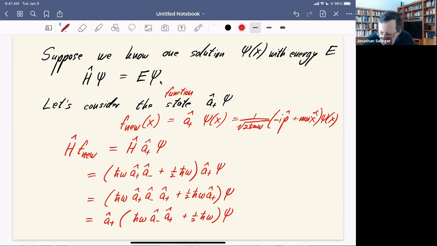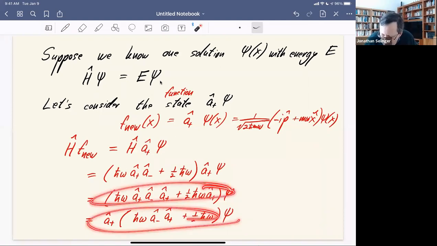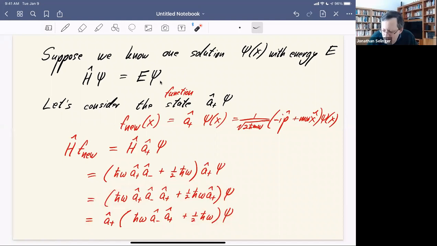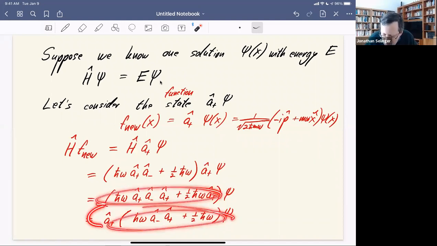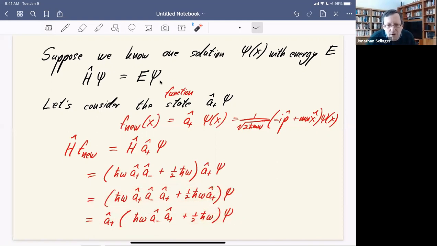Maybe it's not obvious to you that you would go from here to there, but you could go backwards, from there to here. Each of these expressions can be expanded to get this thing, so they're equal to each other.